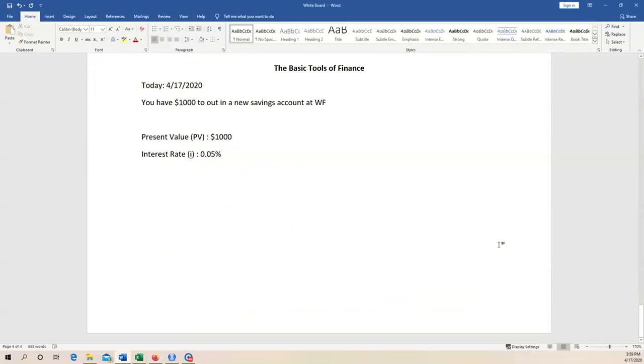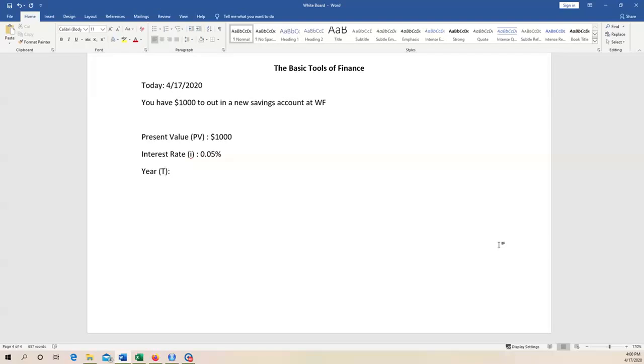Okay, so next, after opening a savings account, you have to decide how long you're about to leave your money inside that savings account. So the third element is called time, or year in this case. In subsequent analysis, I'm going to use an uppercase letter T to represent time in years.